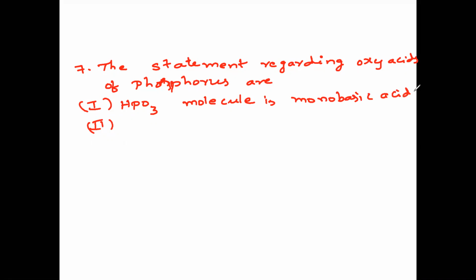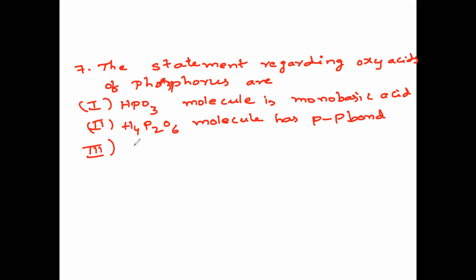The H4P2O6 molecule has a PP bond. Next, third statement: the H4P2O7 molecule has a POP linkage.